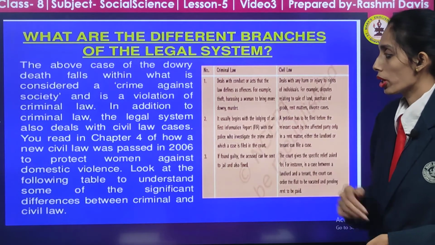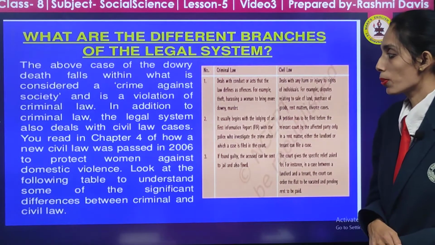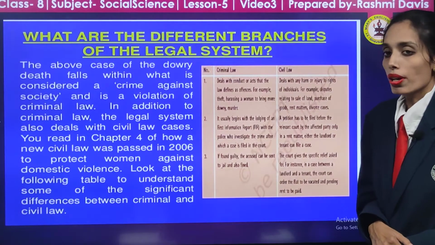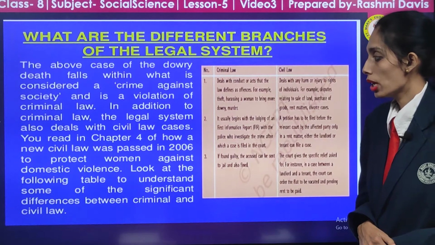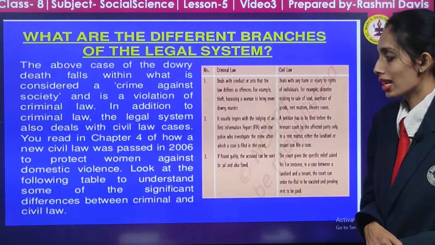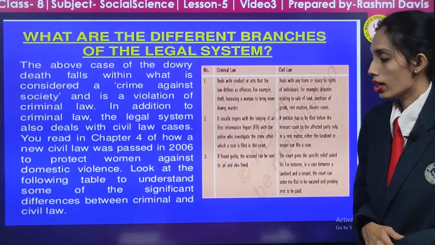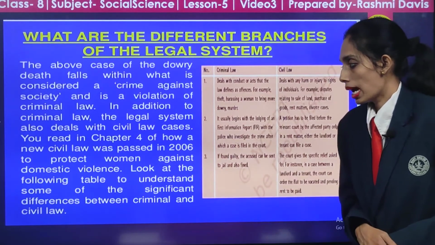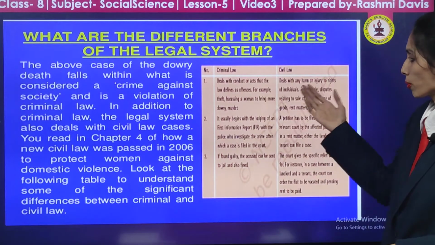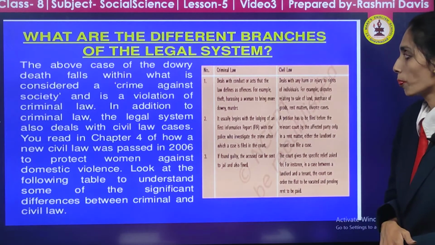In addition to criminal law, the legal system deals with civil law cases. You have already studied in chapter number 4 how a civil law was passed in 2006 to protect women against domestic violence. Look at this table and understand the difference between criminal and civil law.